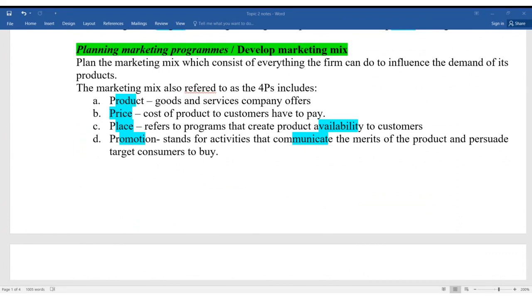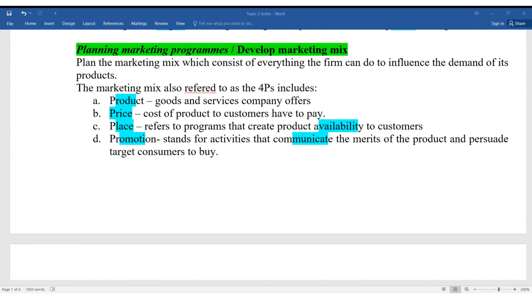As we were defining in the introductory part, we defined product and suggested several meanings of what constitutes products in terms of goods, services, ideas, places, destinations, people, and what have you. So any business must be able to design a program that is satisfactory, a program that is a product.